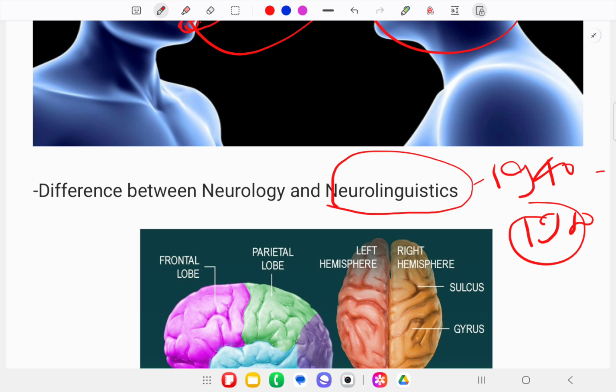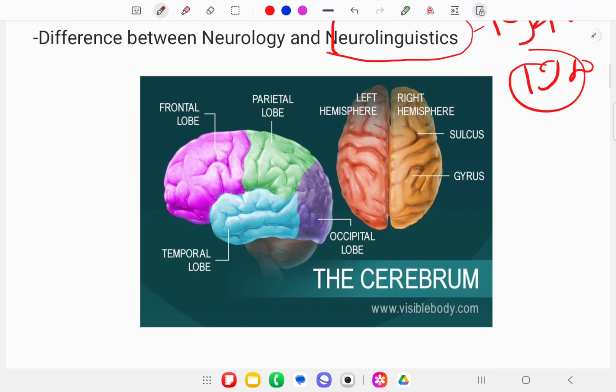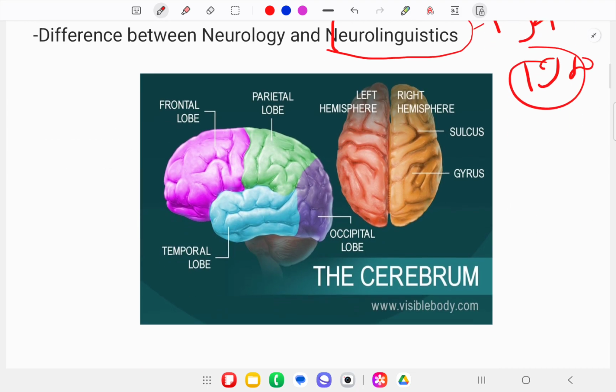Neurology deals with the study of how the brain is structured and how it functions, while neurolinguistics deals with the study of how language is structured and functions in the brain.